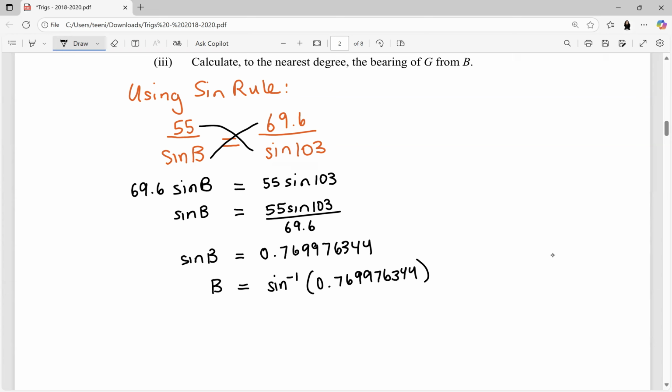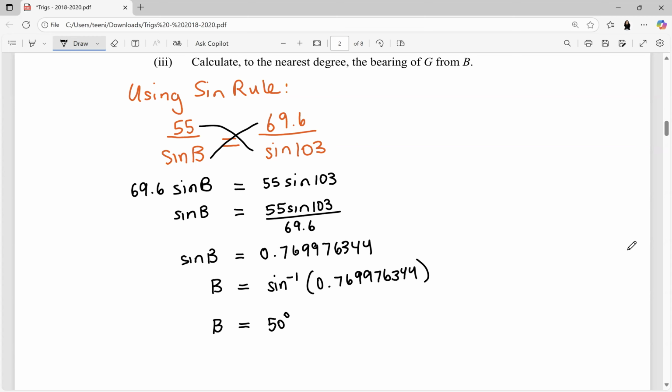On my calculator, I didn't cancel it as yet. I left this value on it, and I'm just going to press second function sine to get the sine inverse. And I press equal. I get 50.0. They said to the nearest degree, so the nearest whole number. So this will be 50 degrees.